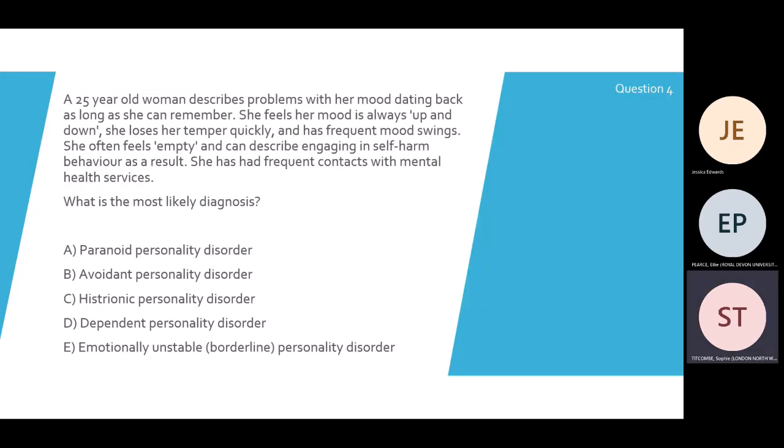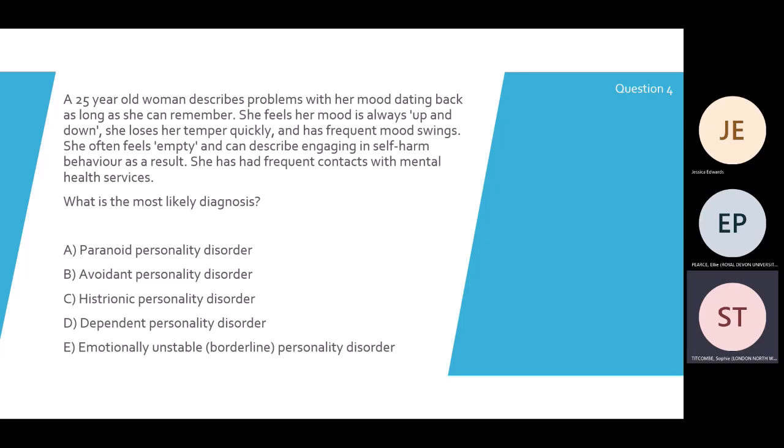Question 4 for tonight's session is moving on to think a bit about our personality disorders. A 25-year-old woman describes problems with her mood dating back as long as she can remember. She feels her mood is always up and down, loses her temper quickly, and has frequent mood swings. She often feels empty and describes engaging in self-harm behaviours as a result.